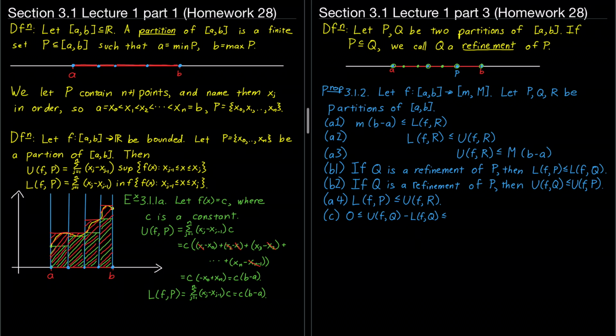But for the refinement, the upper and lower sums are actually closer together than they are for the original one. This, of course, is true if Q is a refinement of P.